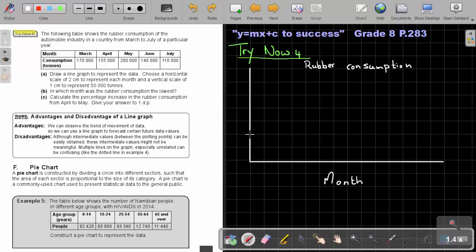And then we can call this the consumption, and this is in tons. Remember to write the unit. So it will be 50,000 tons.